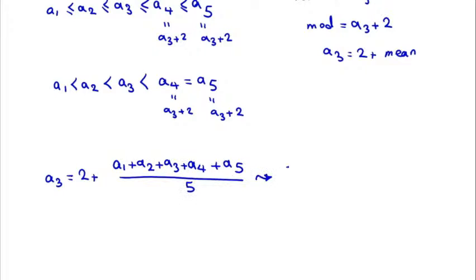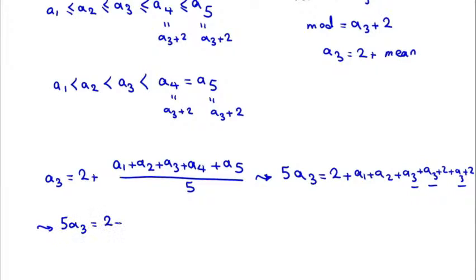If we multiply both sides by 5, 5A3 equal to 2 plus A1 plus A2 plus A3. I replace A4 and A5 with A3 plus 2, plus A3 plus 2 plus A3 plus 2. Then I have A3, A3, A3, 3A3. On the left hand side I have 5A3. So if I simplify, I have 5A3 equal to 2 plus A1 plus A2 plus 3A3 plus 2 plus 2, 4.